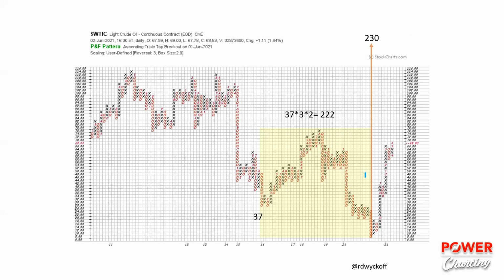Now, here is an interesting, in this case, a commodity, and this is crude oil, continuous contract. And this is a most interesting chart because this really demonstrates the potential of doing long-term point and figure work, with this count here, which goes down to $8 on crude oil and counting over to 2016.